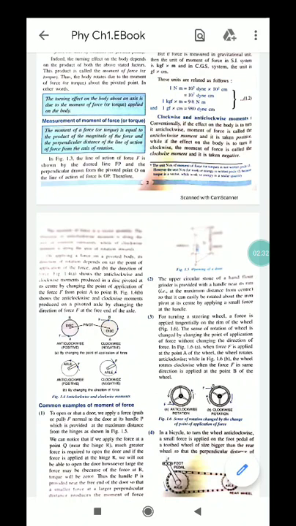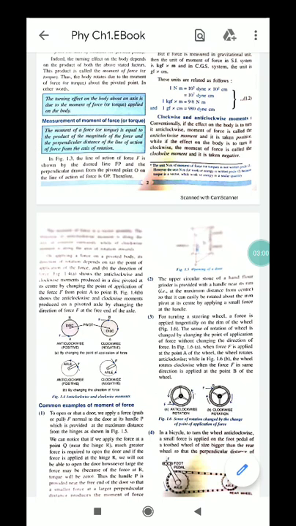As we know, the SI unit of moment is Newton meter and the CGS unit of moment is dyne into centimeter, that is dyne centimeter. The gravitational units of torque or moment of force are: SI gravitational unit is kilogram force into meter, kgf meter.